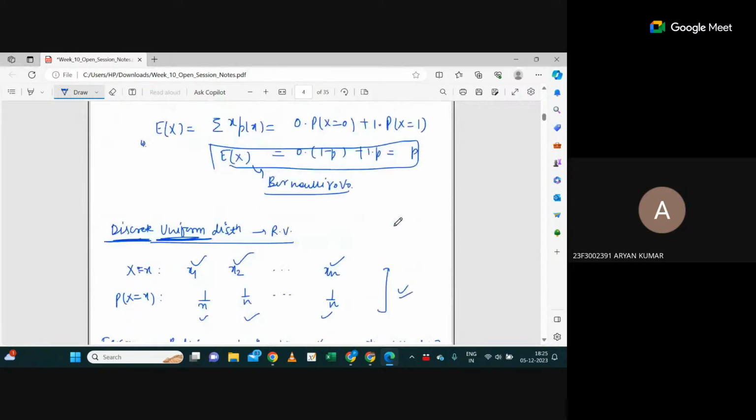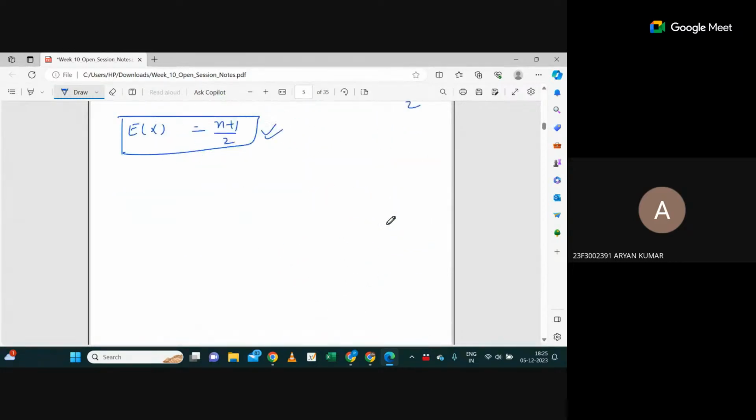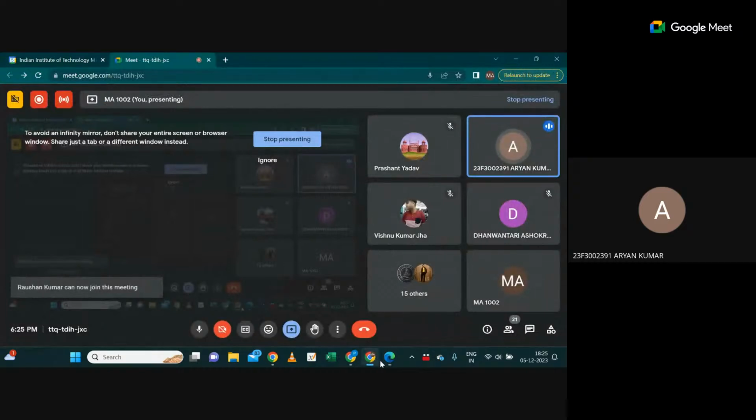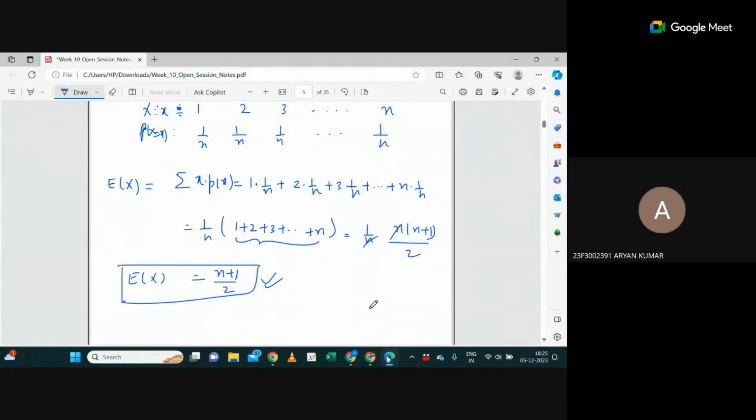Sir, if there is a discrete random variable, then it must be necessary that every natural number value should exist, like x equal to 1 is there, then 2 is also there. It could be possible that only x equal to 1, 3, 5 are there.